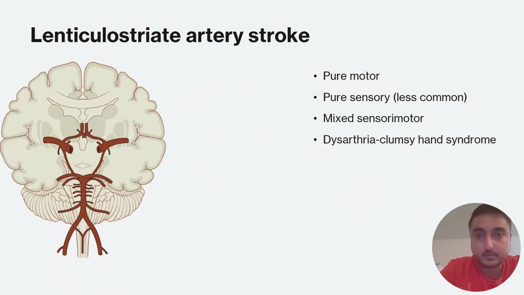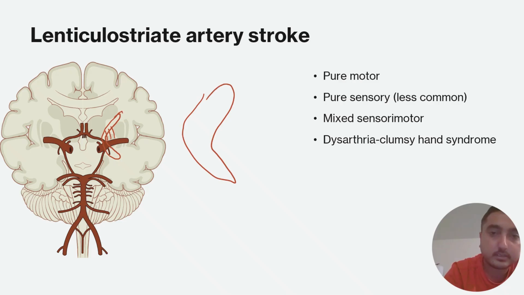Finally, let's discuss the lenticulostriate artery stroke, which would be due to the involvement of these lenticulostriate arteries. Involvement of the lenticulostriate arteries would involve the internal capsule, which is lying over here. So this region is the internal capsule. It basically has three parts. This is the anterior limb, this is the genu, and this is the posterior limb.